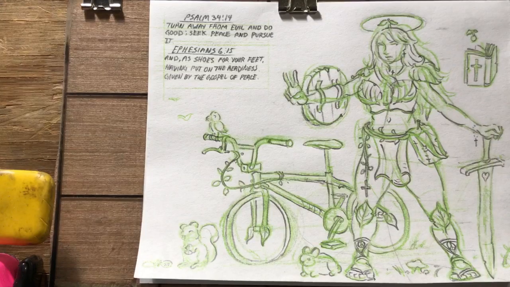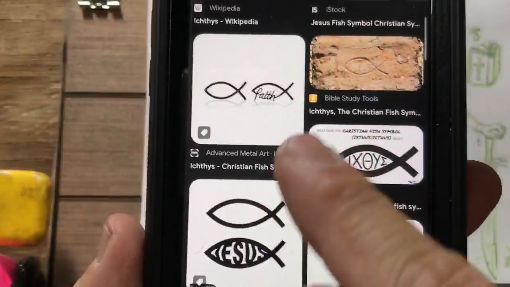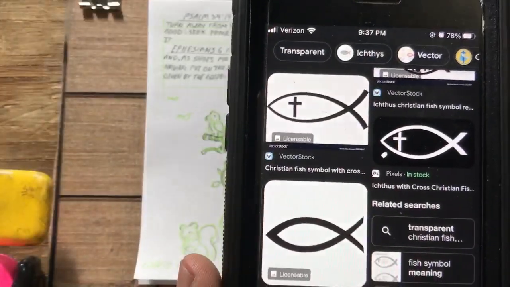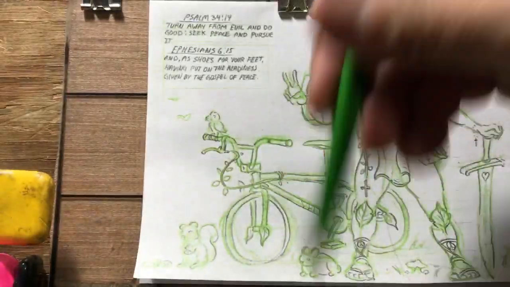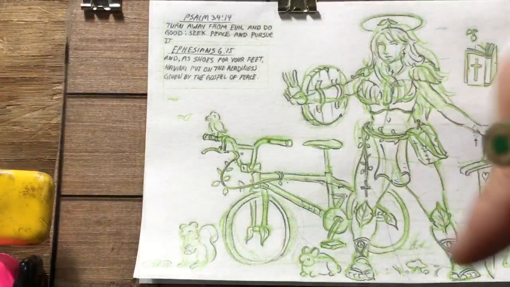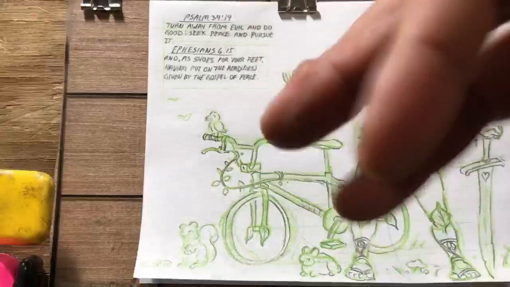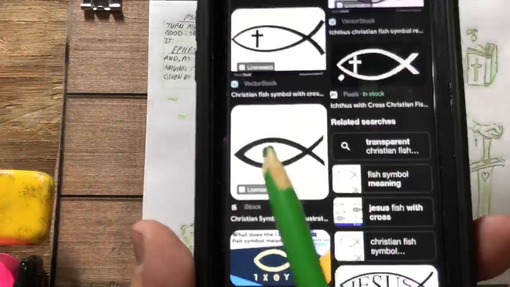What's interesting is the fish symbol was used as well, and there's some deeper significance to this symbol. I don't know if you know about this, but people used to carry walking sticks, and back in the day there weren't many paved roads, so they were walking in sand a lot of the time.